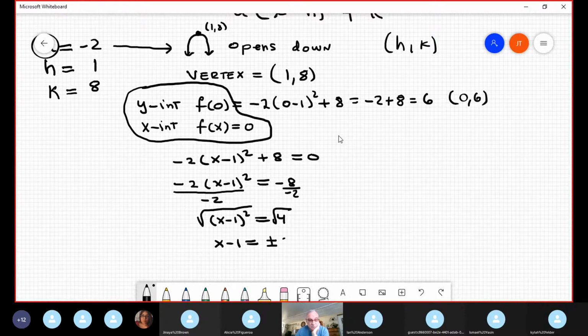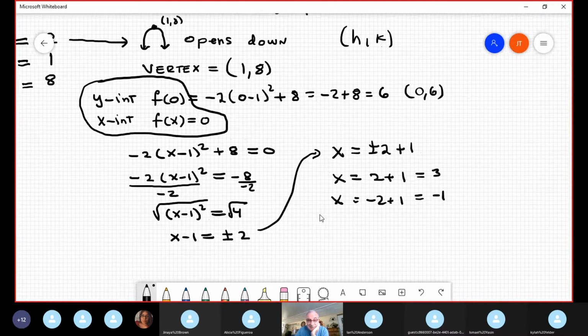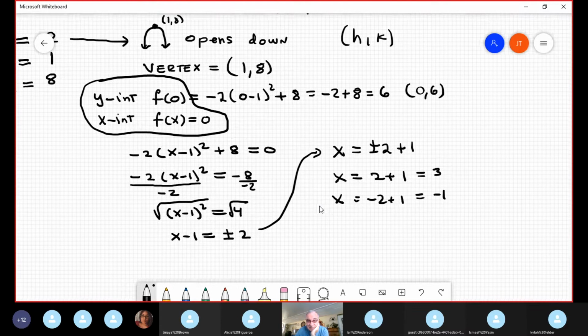Don't forget the plus or minus sign. Therefore, solving for x, x is plus or minus 2 plus 1. So 2 plus 1 is 3, and minus 2 plus 1 is negative 1. We have 2 x-intercepts: the point (3, 0) and the point (negative 1, 0).